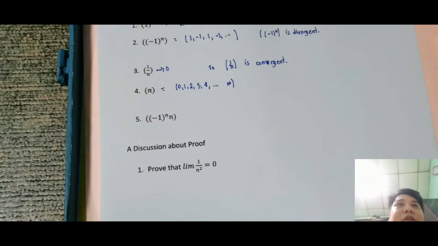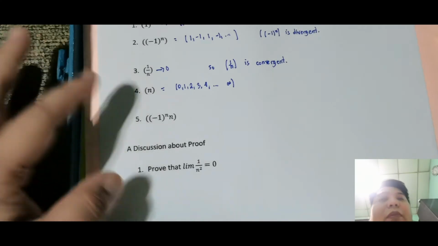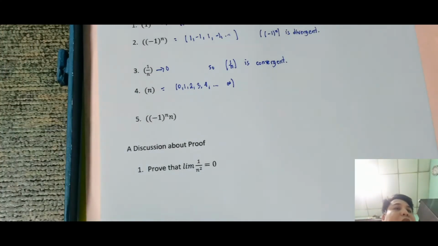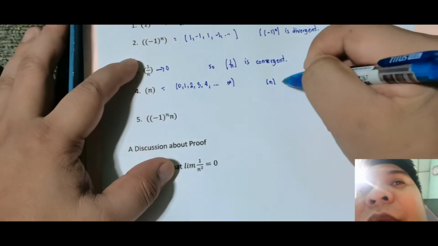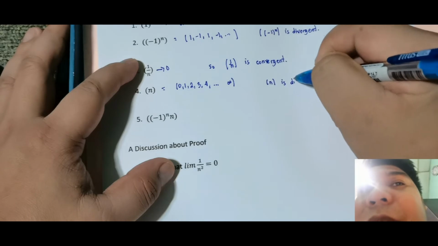Siya ay parang representation ng mga number na nasa dulo, tuloy-tuloy. Yung n nagko-converge sa madaming number actually, from 0, 1, 2, 3, up to infinity. Doon siya nagbabago. Therefore, hindi ko siya literal pwedeng sabihin na convergent. Siya ay divergent. So, ang sequence na n is divergent.